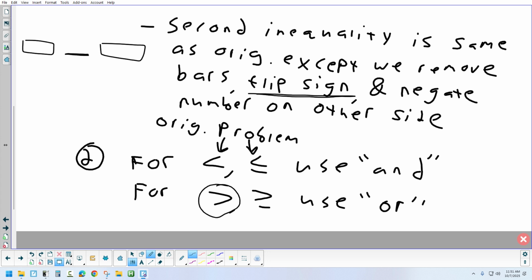Greater than? I call it greater. Right? If you pronounce it as greater, you'll remember it's an or. So a greater symbol uses or. And then the other one is and. So, greater.